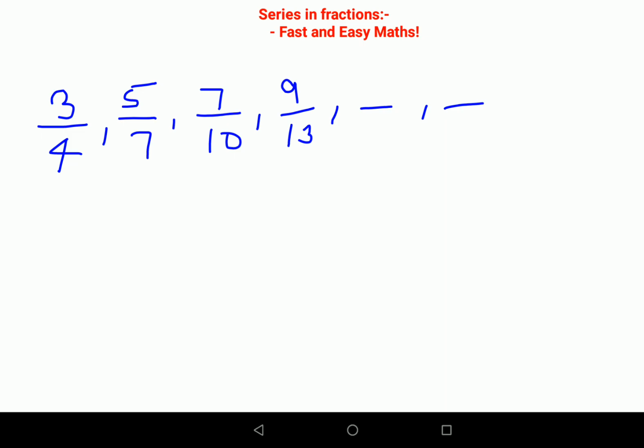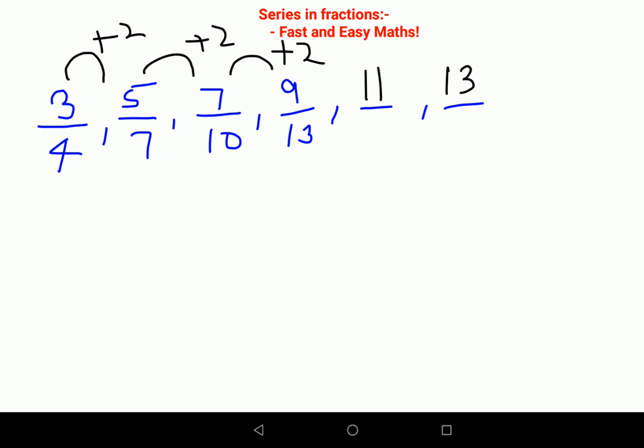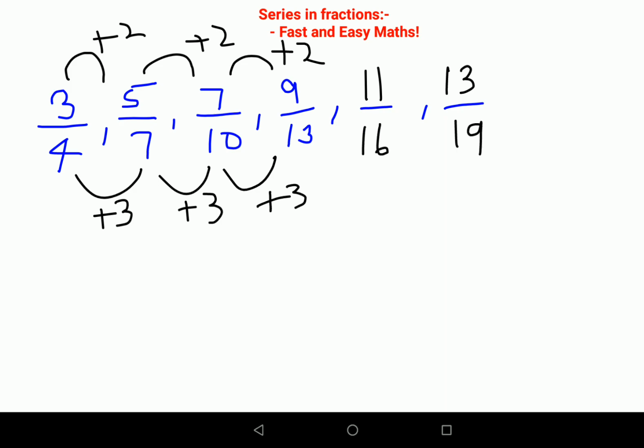So here if you look closely, we add 2, add 2, add 2, so the next number after 9 should be 9 plus 2 gets you 11, and 11 plus 2 gets you 13. Similarly, here we are adding 3, then again 3, then again 3. So 13 plus 3 gets you 16, 16 plus 3 gets you 19. So these are the two fractions which should be following the given series.